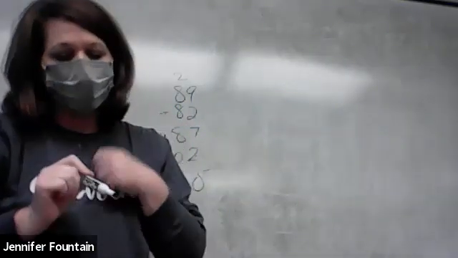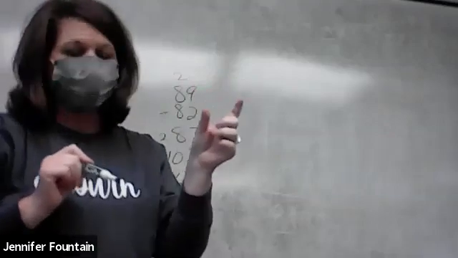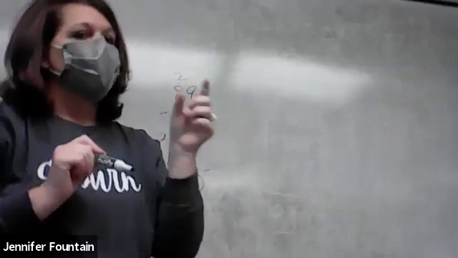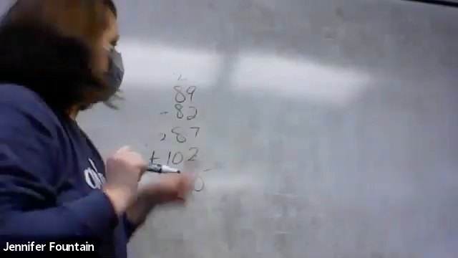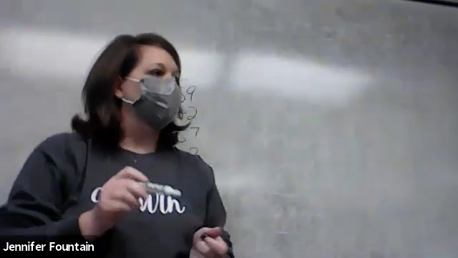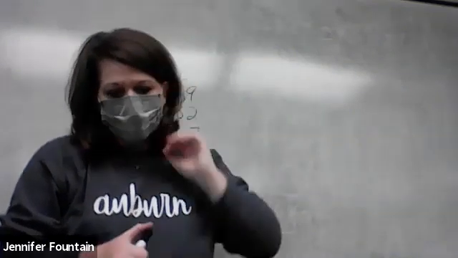So I can see that the missing angle in the first one is 102 degrees. My missing angle in the second figure is 87. So for both of those, I do have similar figures because all of my angle measurements are congruent.